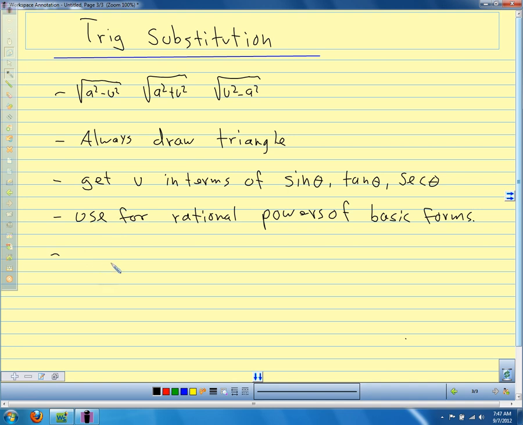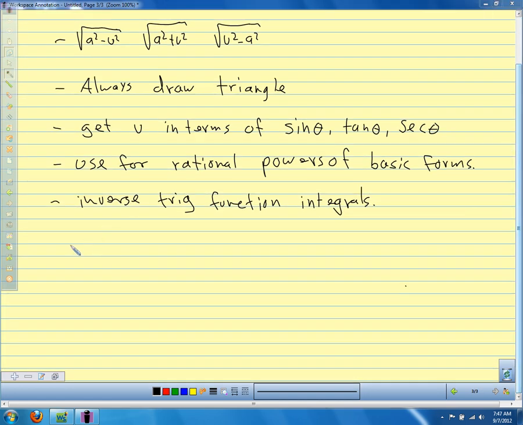So just a quick example of that. If we had the integral of 1 over square root of 1 minus x squared dx.